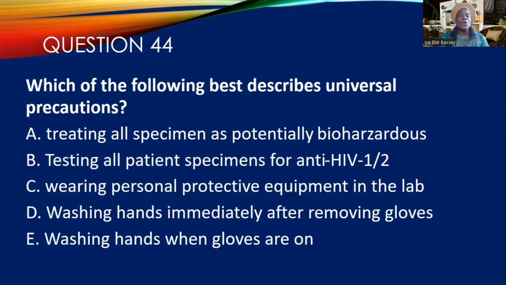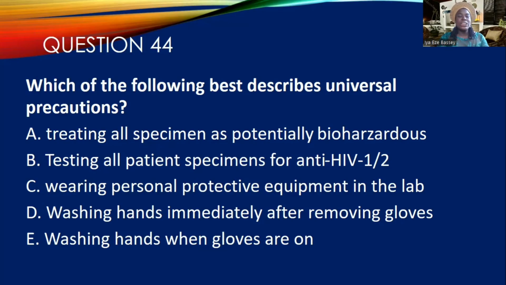Question 44. Which of the following best describes universal precautions? A, treating all specimens as potentially biohazardous. B, testing all patient specimens for anti-HIV 1 and 2. That is expensive. C, wearing personal protective equipment in the lab.